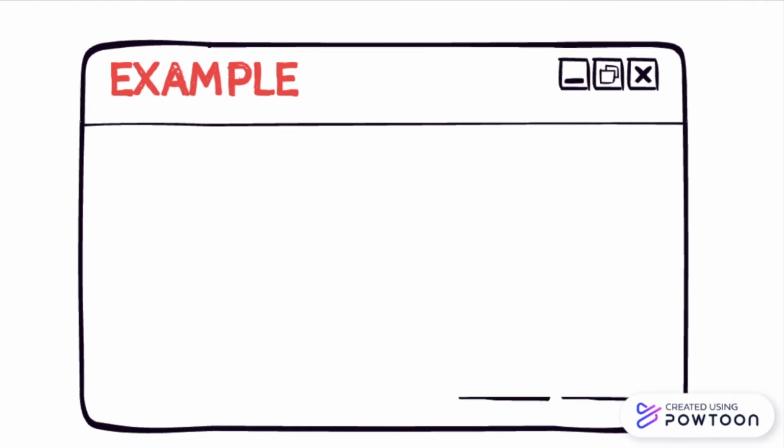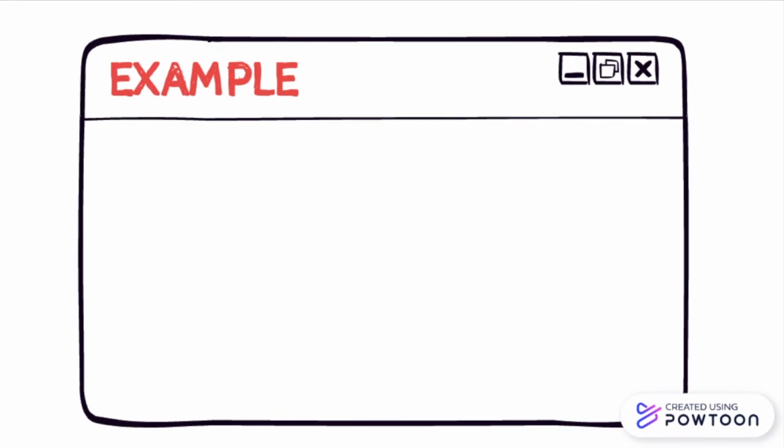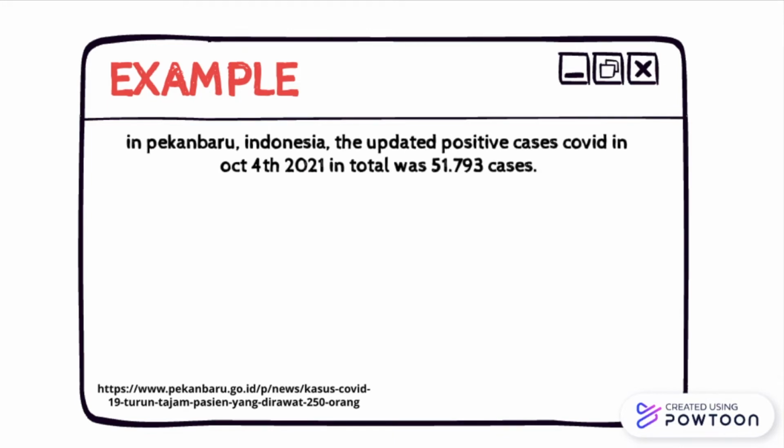The example of the general rule of addition is based on the data from this link, www.pekanbaru.go.id, which said that in Pekanbaru, Indonesia, the update of positive COVID cases on October 4th, 2021 in total was 51,793 cases.